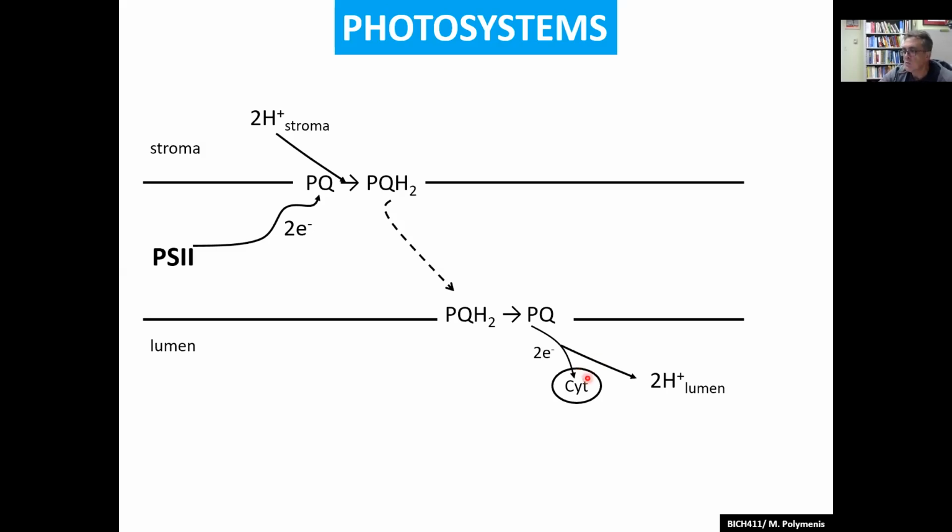In the process, the 2 protons will find their way into the lumen. So we had done the Q cycle when we drew it on the board with the mitochondria. It's exactly the same thing here, except we're dealing with the plant versions.